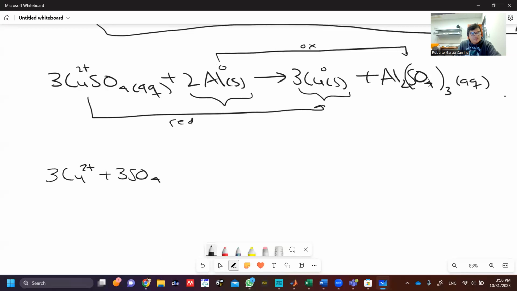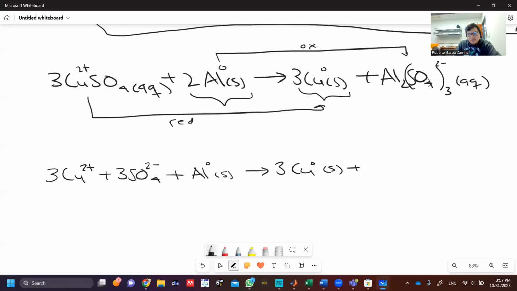In this case, sulfate has a charge of 2 minus, plus aluminum, oxidation state of 0, and we have 3 copper atoms, plus in here, if you remember, the sulfates have a charge of 2 minus.